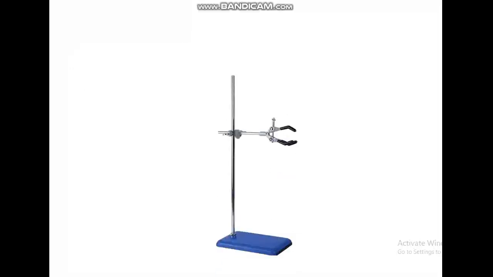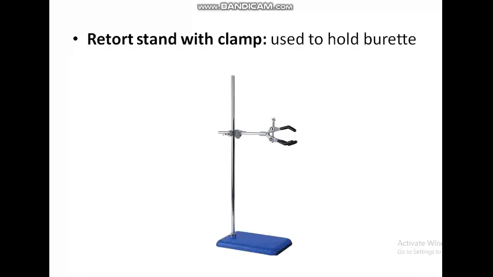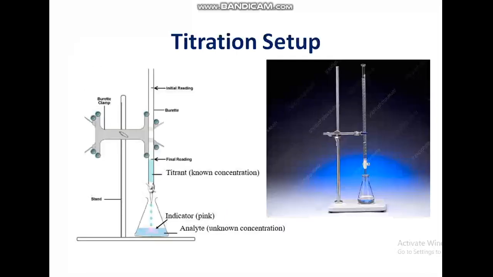This is retort stand, used to hold burette. Titration setup. In the lab, this is how you set up the titration apparatus. Retort stand holding the burette against the conical flask.